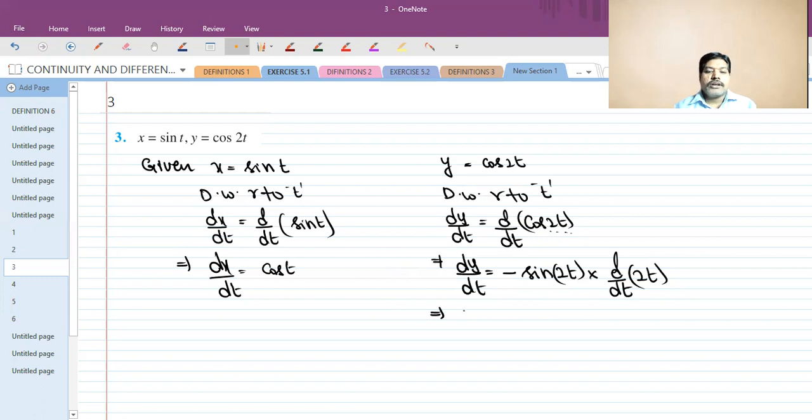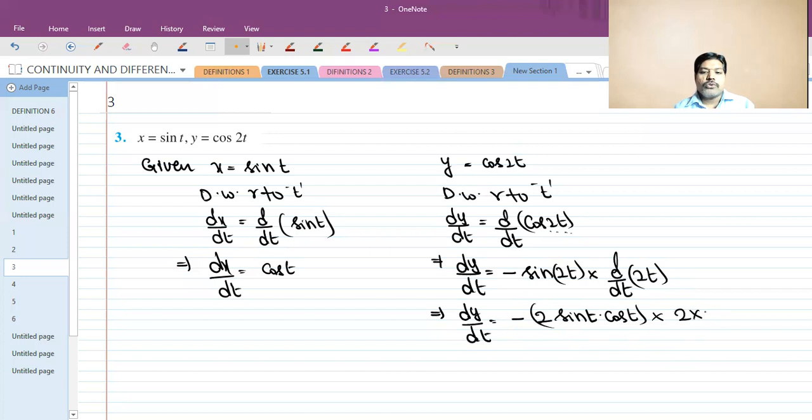So that implies dy by dt will become minus sine 2t. That sine 2t you can write as, I will expand this also, sine 2 theta formula, 2 sine theta into cos theta, into 2t derivative, 2 into derivative of t. What is the derivative of t, students? Derivative of t is nothing but 1 with respect to t actually.